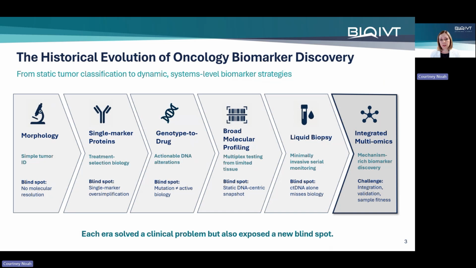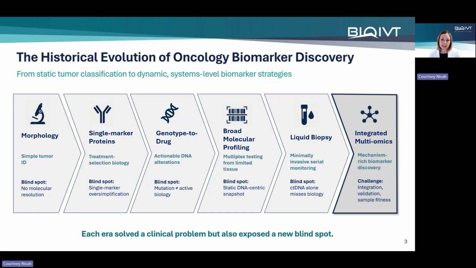Then we moved into liquid biopsy platforms, and one of the critical elements there was the minimally invasive nature of liquid biopsies. And that allowed us to do more in detection and serial molecular monitoring.